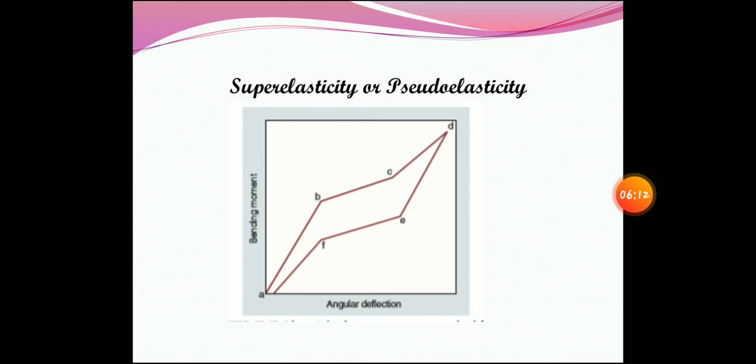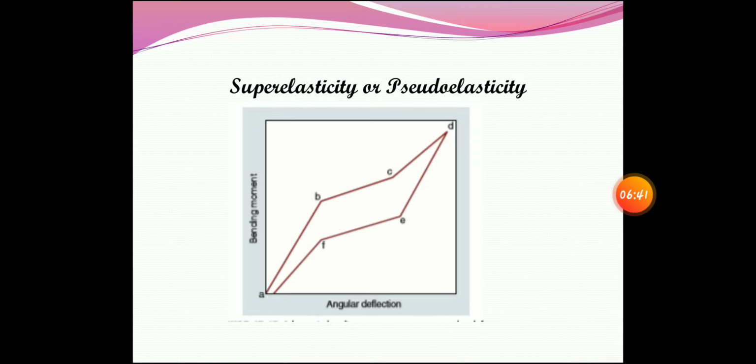Now what is this superelasticity? This graph explains everything about superelasticity or pseudoelasticity. This is the stress strain behavior of a nitinol alloy while it is bending, where the A to B portion corresponds to the initial elastic deformation of the wire, whereas B to C shows the phase transformation, that is from the austenitic to the martensitic structure.